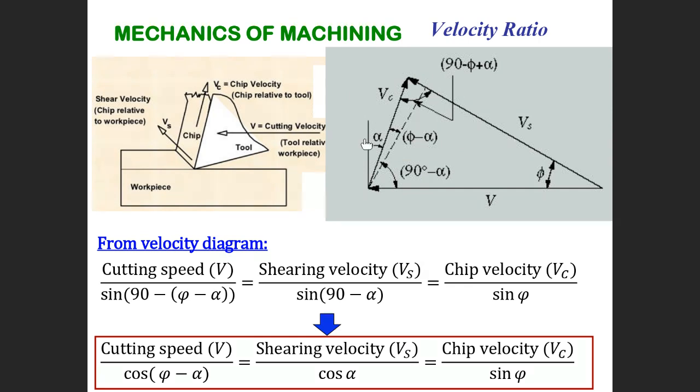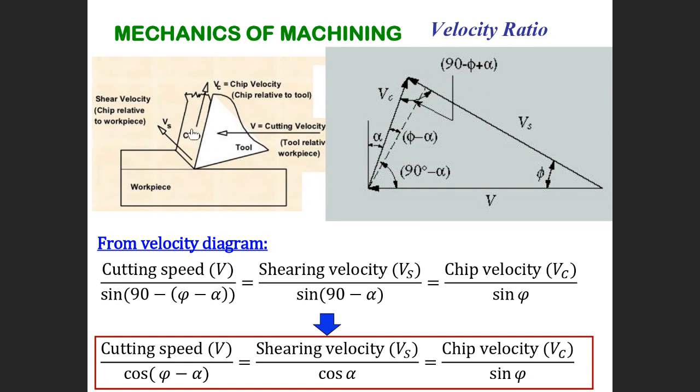This is what we call the velocity triangle. How many velocity vectors do we have? We have three. This one is the cutting velocity vector, horizontal, because the tool moves in a horizontal direction.